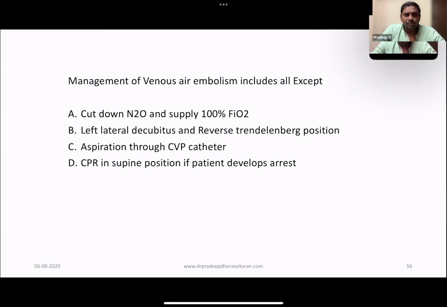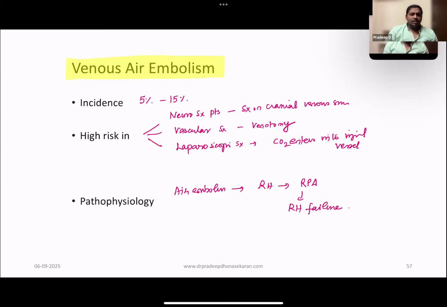Then this is the most dreaded intraoperative complication, that is venous air embolism. Generally, venous air embolism occurs in 5 to 15%. Can you believe it? There is a high risk in neurosurgery patients, particularly when operating near the cranial venous sinuses; a small venous tear, and the outside air will enter and block the right heart.